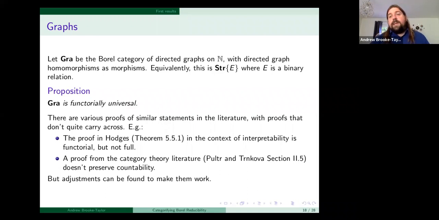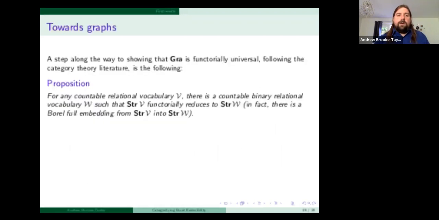That gives you something, it's even functorial, but it's not actually full. And then in the category theory literature, there's a proof, but that one has the problem that I raised earlier, that it doesn't preserve countability of the structures. But we can tweak things to make it work.